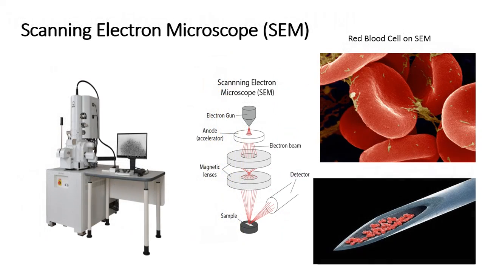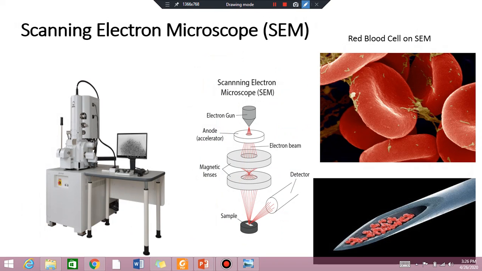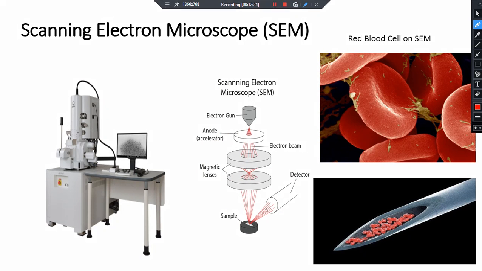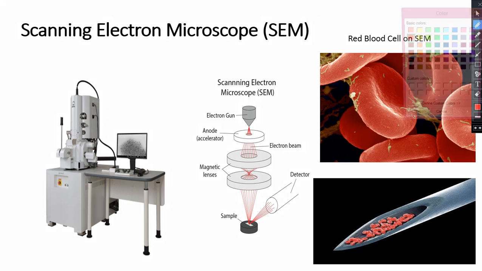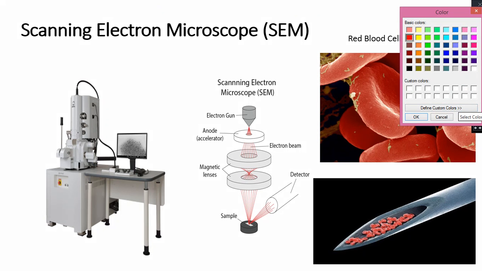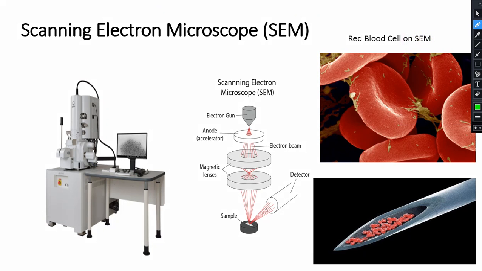Now the scanning electron microscope. If you want to see how this microscope looks in our daily life, it looks like this. Okay, and here is the chamber, and all the operation happens here.